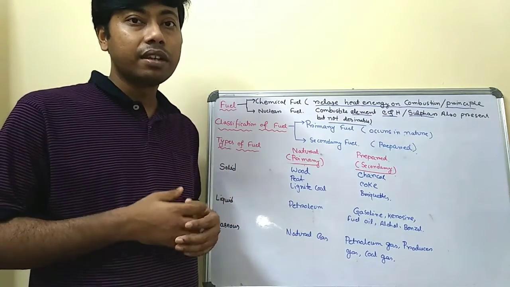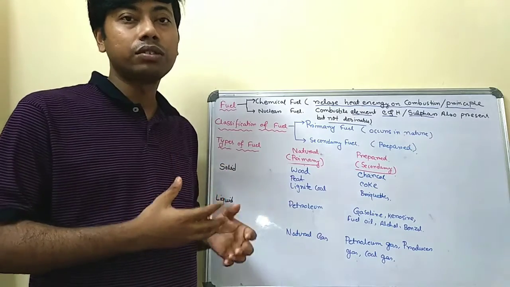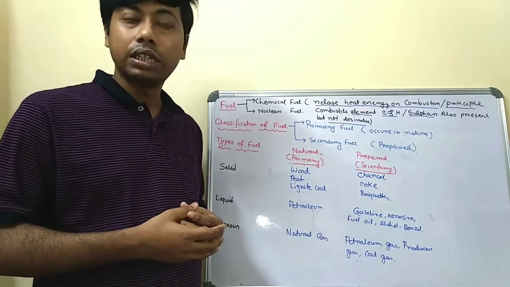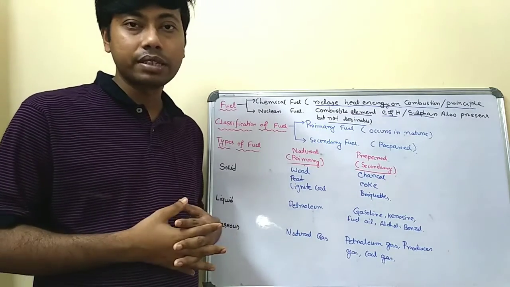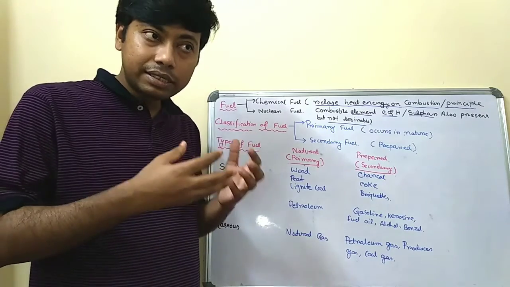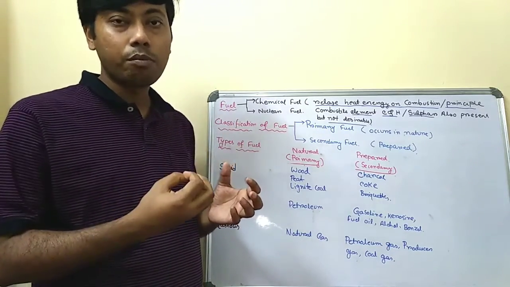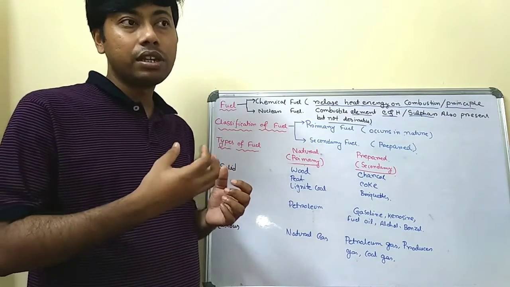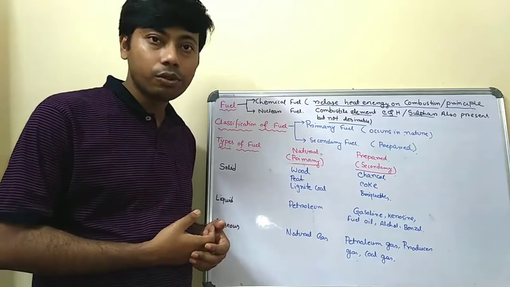Fuel is a substance that produces some amount of heat energy or some other type of energy, which may be electricity. This energy, generated by the combustion of fuel, we generally use in our normal daily life as well as in industrial applications.